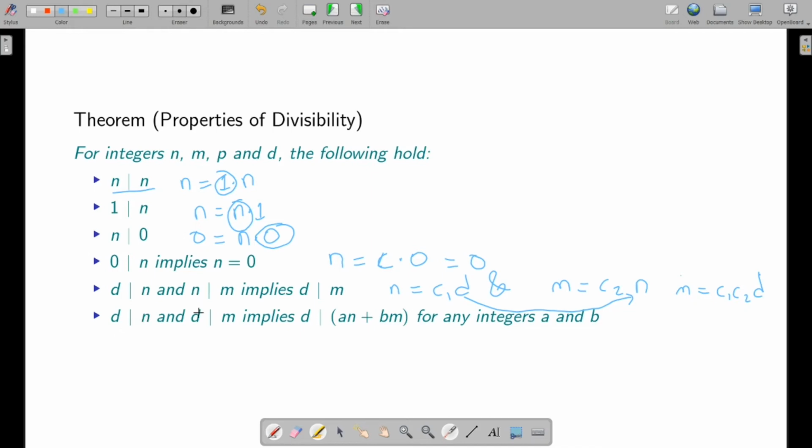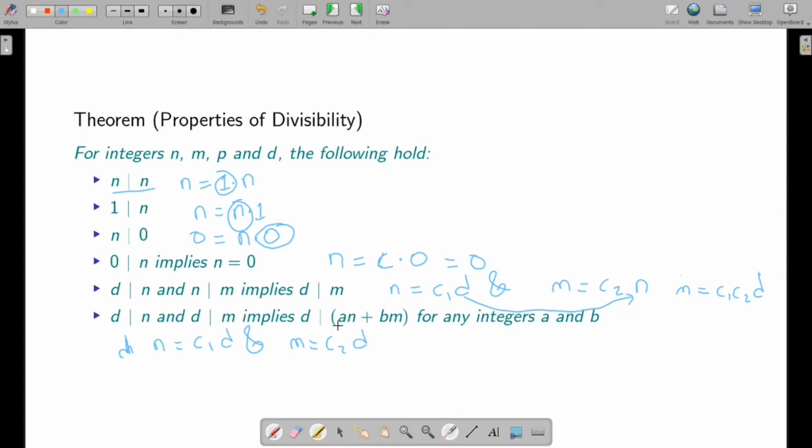Again, if d divides n and d divides m, then d will divide any an plus bm. This is also easy. d divides n means we can write n as some c1 times d, and since d divides m, we can write m as some c2 times d.